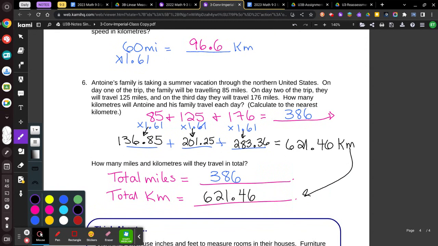Now let's see if that total is different from if we just take the grand total of miles and multiply by 1.61. I get exactly that answer. So we did do it right. I'll give you a minute to finish writing that down. This concludes part 1 of converting between metric and imperial units.